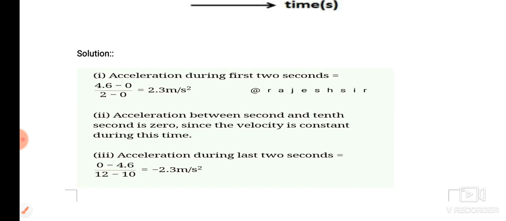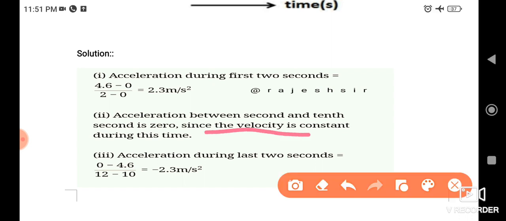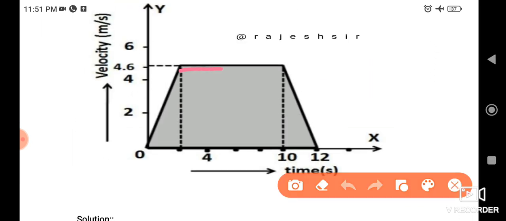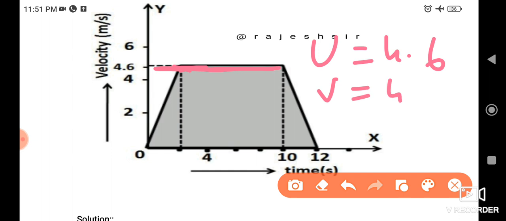The acceleration between the second and the 10th second is 0, since the velocity is constant during this time, as you can see in the diagram, a perfect straight line is formed. So there is no change in velocity. It is constantly 4.6 only. So the initial velocity is also 4.6 and the final velocity is also 4.6, and the time, if you calculate 2, 4, 6, 8, is 8 seconds.